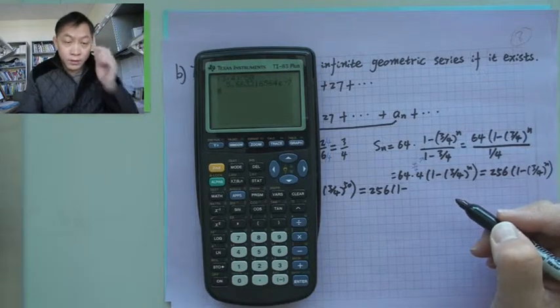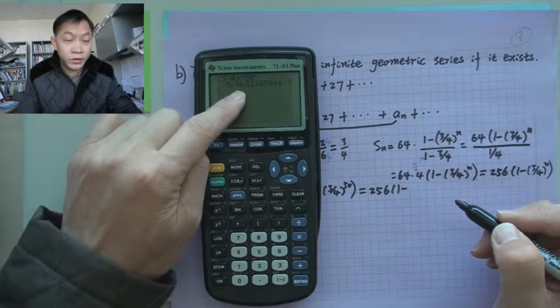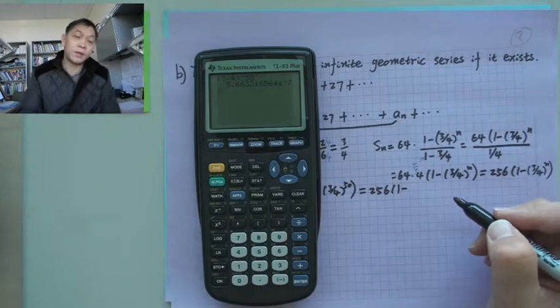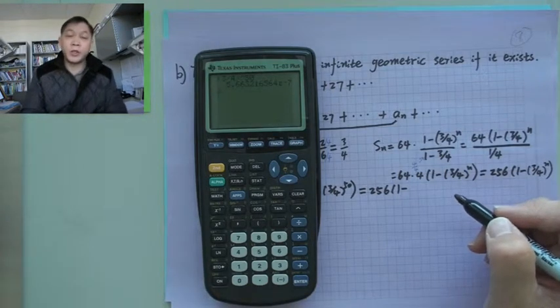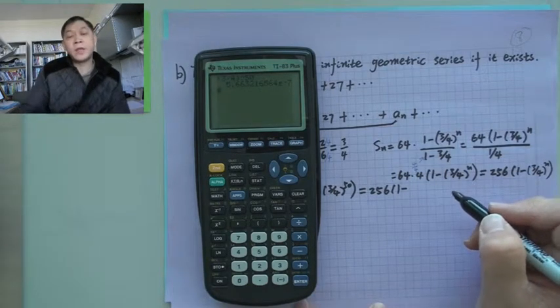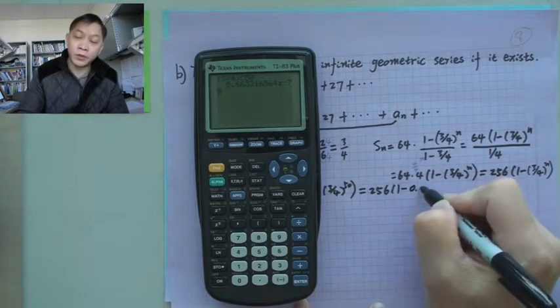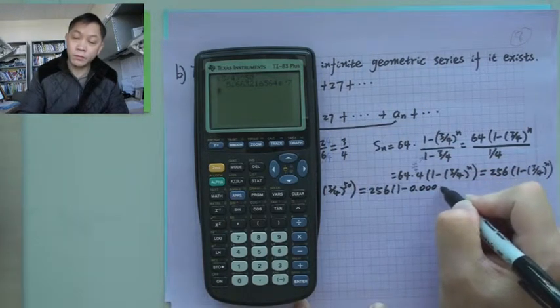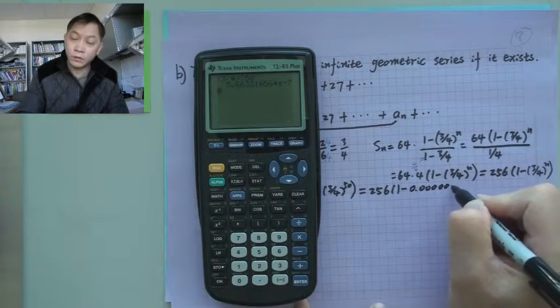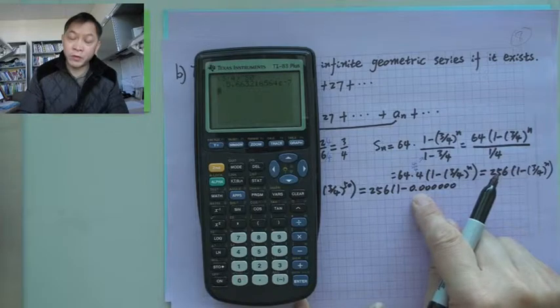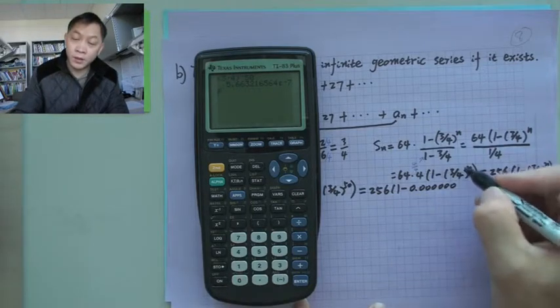You have 5.663 until 64 E to the negative 7. E means exponent, so 10 to the negative 7 is, we have 7 zeros, including the 0 before the decimal point.